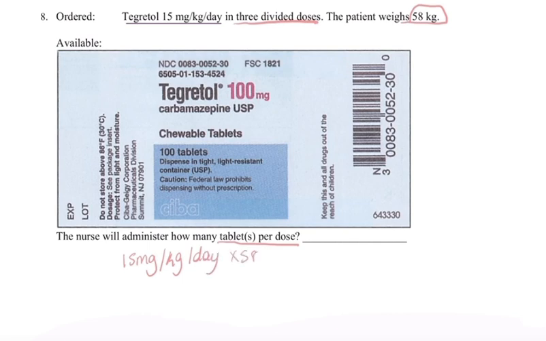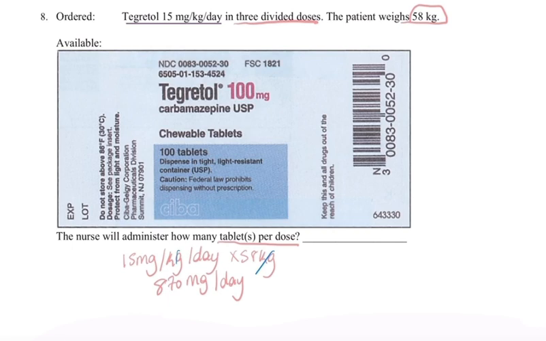We're gonna times it by the patient weight, which is 58 kilogram. Kilogram takes out kilogram. Now we're left with 15 milligram per day. And we're gonna multiply that 15 milligram per day by 58. So when we work that out now, we're gonna get 870 milligram per day. Remember, per day.